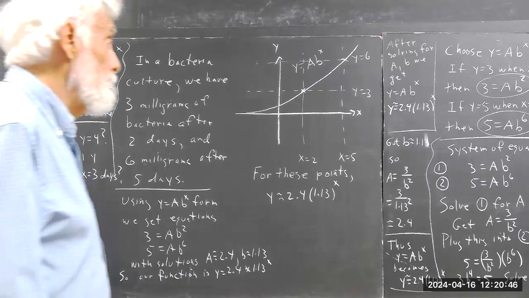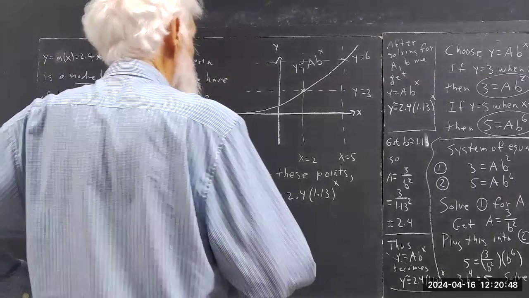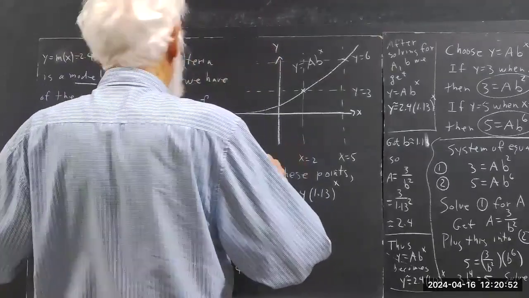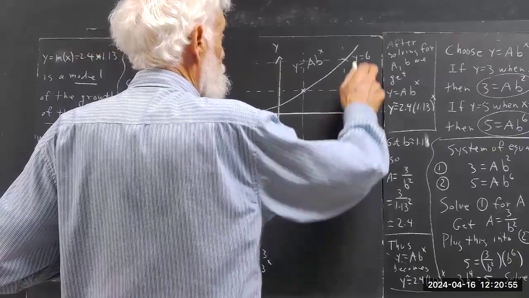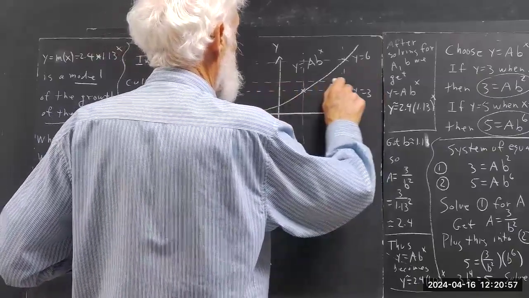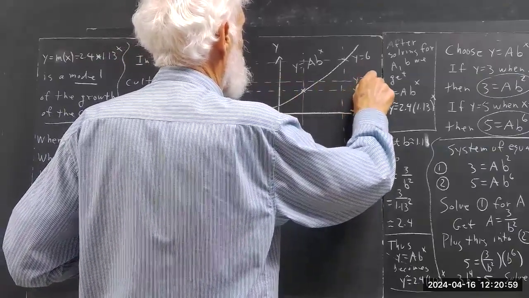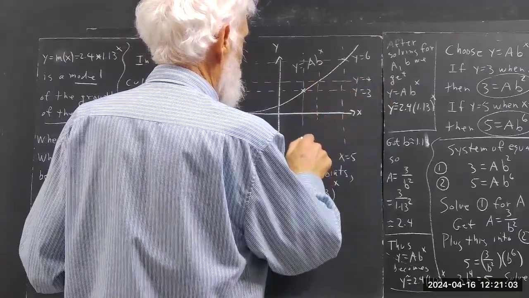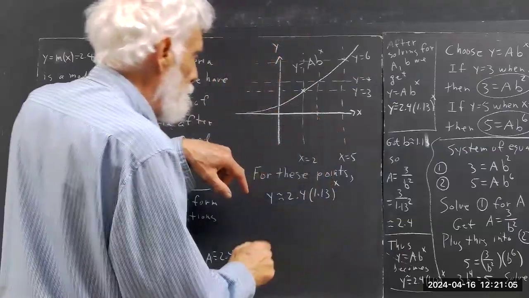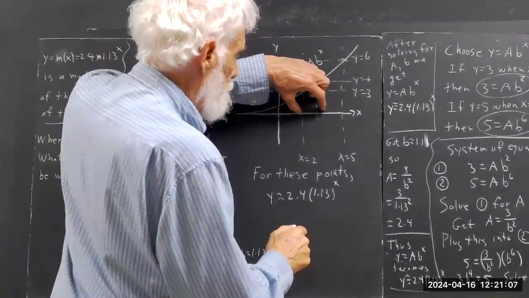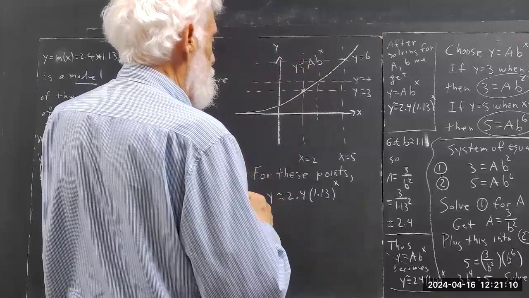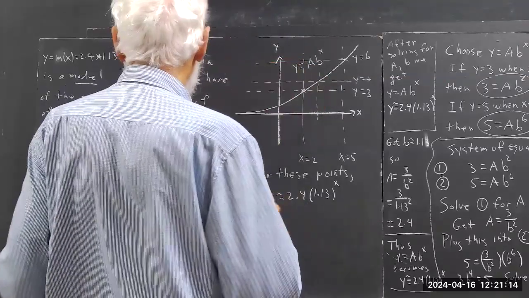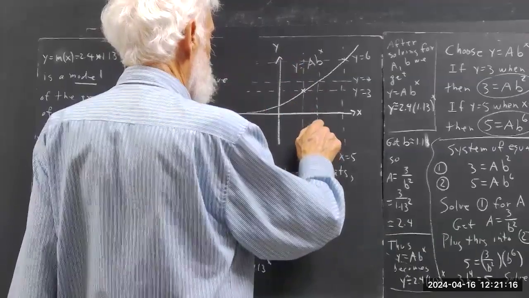Now we go back to something we did near the beginning. We say, okay, y equals 4, but here's y equals 3, and here's y equals 6. So here's y equals 4. And we can estimate that if x is 2 here and 5 here, well, x would then equal 3.5 here. That looks like x equals about 3.